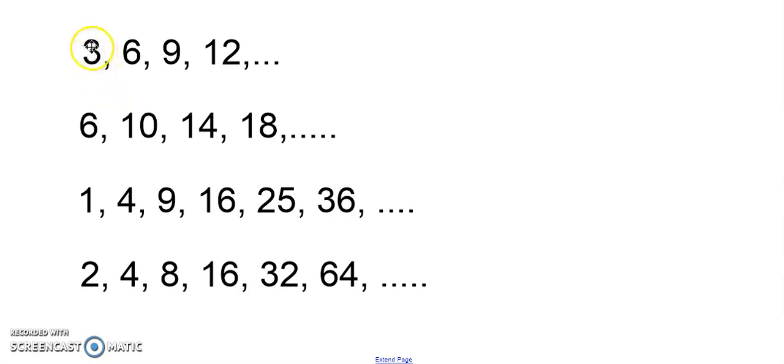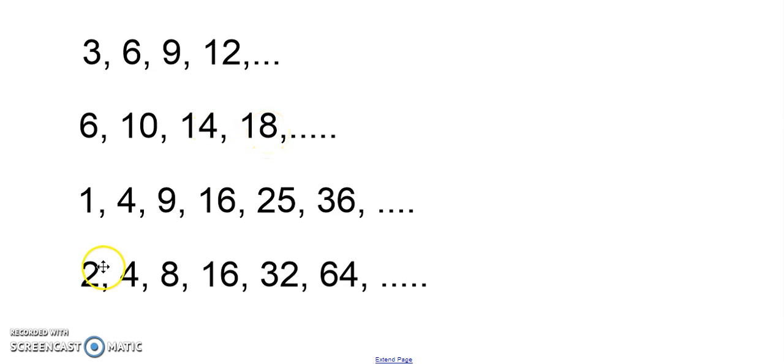You can see here, if we start with 3, we add another 3, we get to 6, add another 3, we get to 9, add another 3, we get to 12. So we do have that common difference, that number that's being added on each time. We also see that in this next one, 6 plus 4 gets us to 10, 10 plus 4 is 14, and 14 plus 4 is 18.